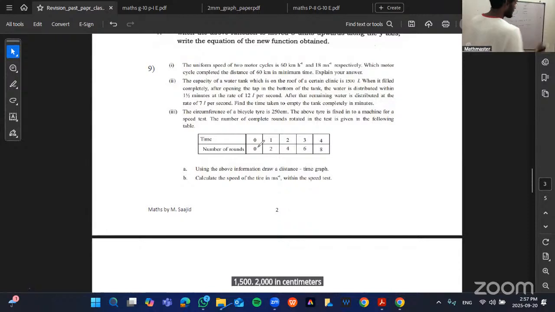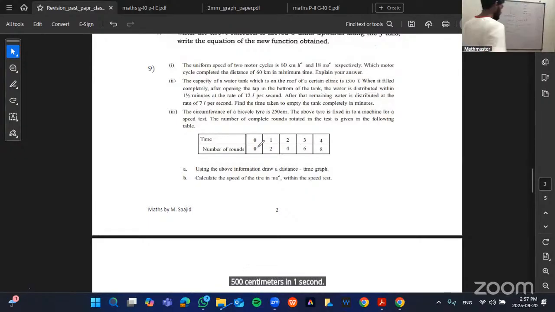Then the time is in seconds: 1, 2, 3, 4. 1 second, 2 seconds, 3 and 4. So 500 centimeters in 1 second.